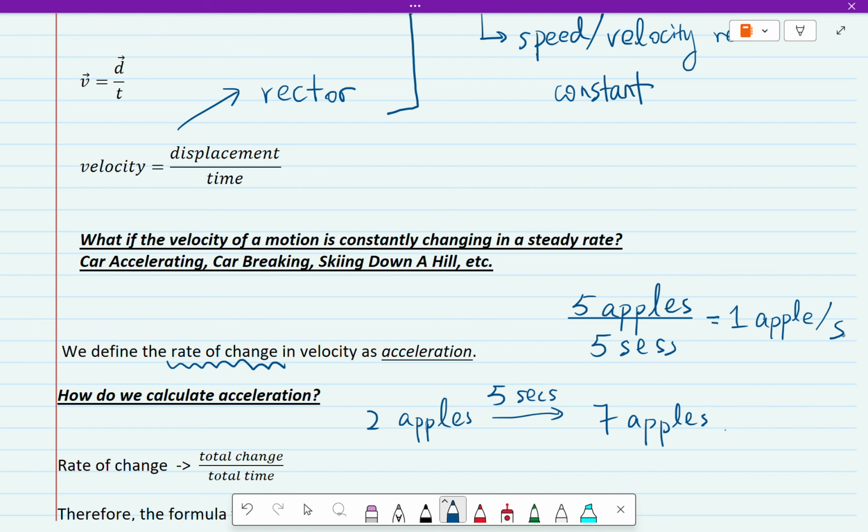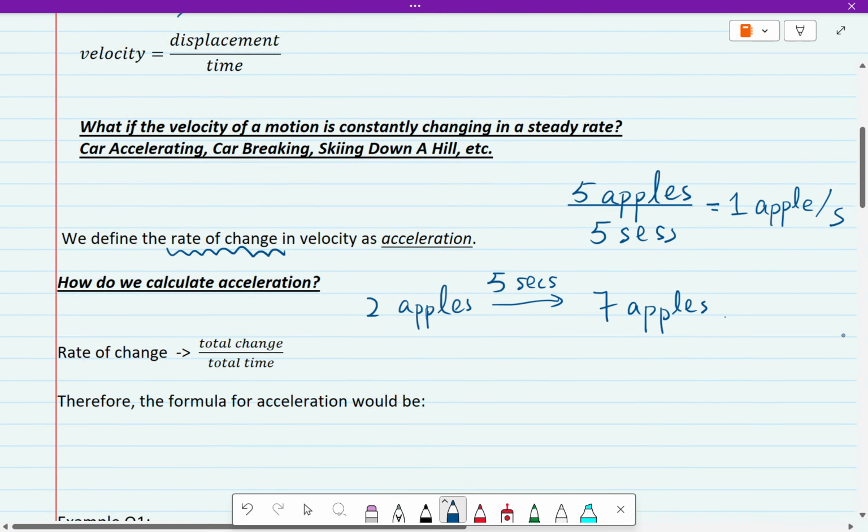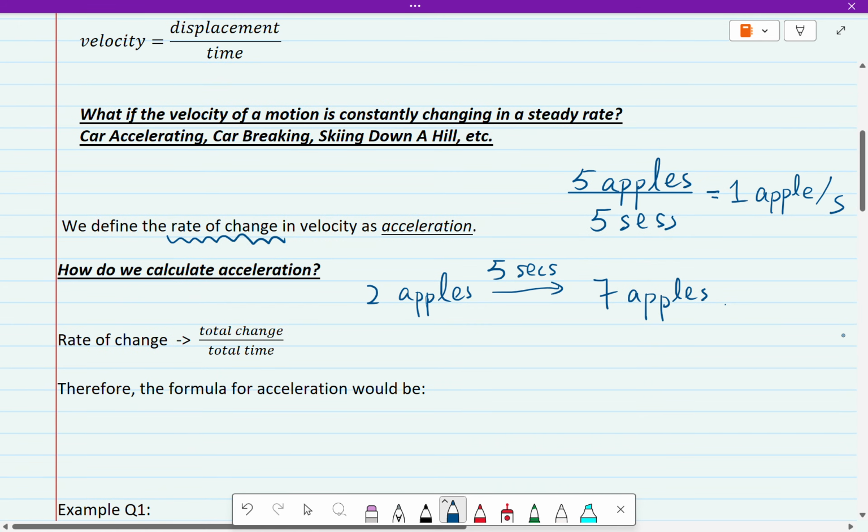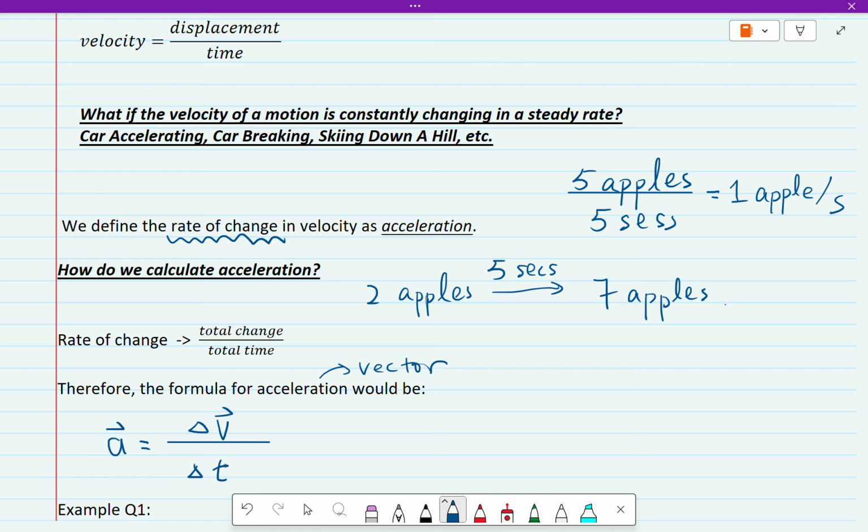Same logic applies here. Since acceleration is just another fancy term for the rate of change in velocity, we can say that acceleration, which is a vector, just a heads up, is equal to the total change in velocity over the total amount of time it takes for this velocity to change, either increase or decrease.